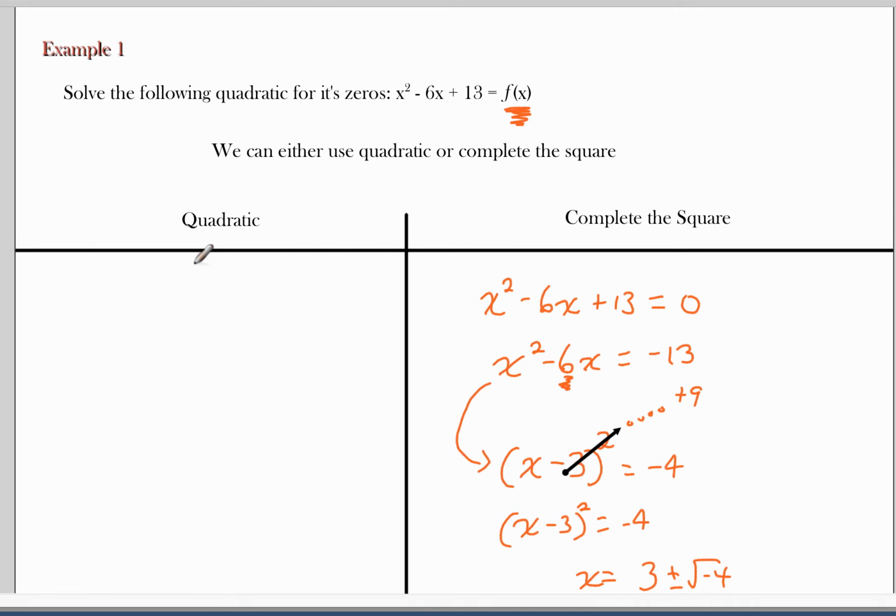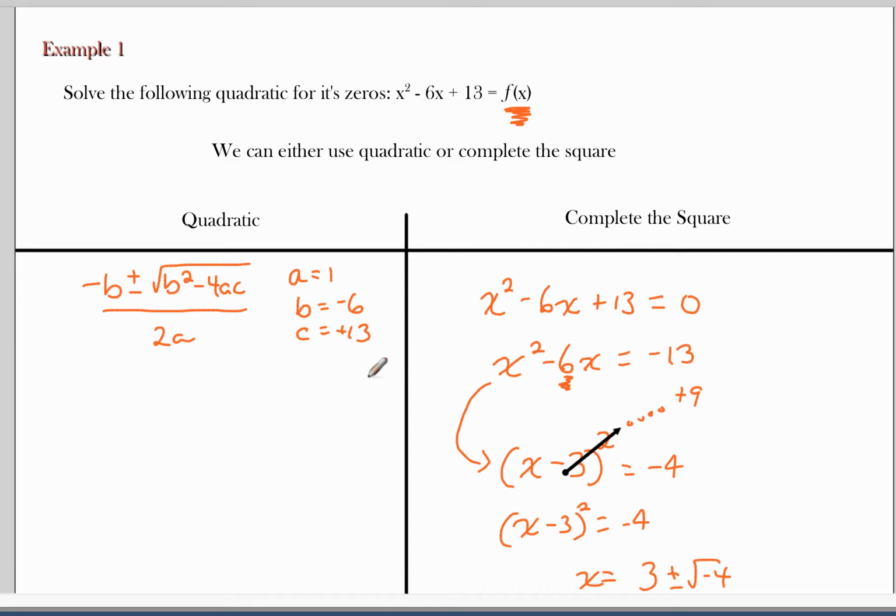But if you still want to grind out the quadratic, here it is. Negative b plus or minus the square root of b squared minus 4ac all over 2a. Just please make sure you take the time to really know what your values are and that you don't lose any negatives. That's the biggest problem I see with kids.